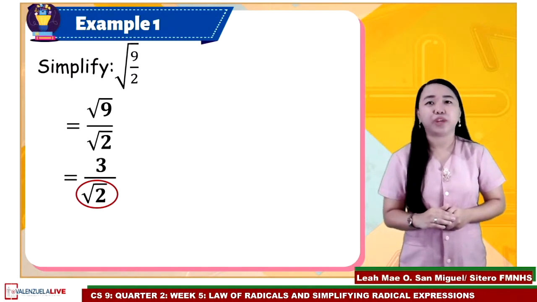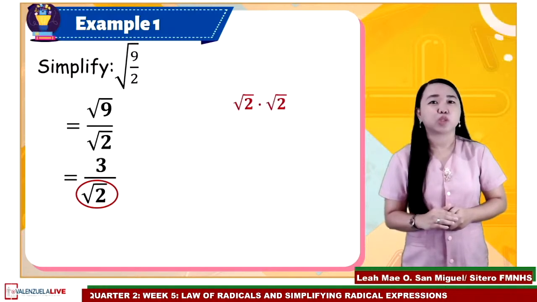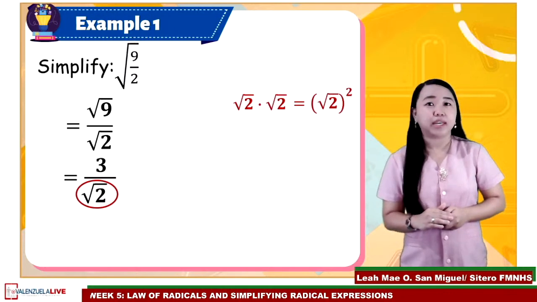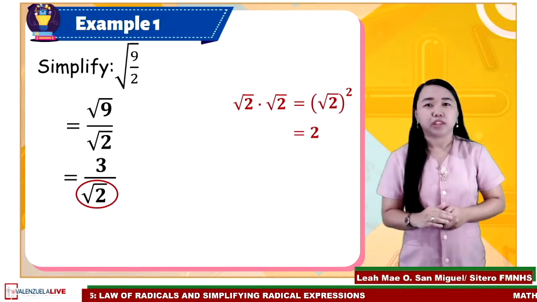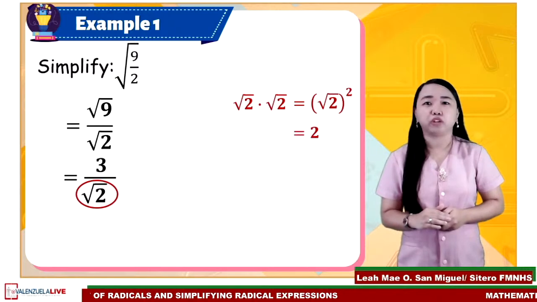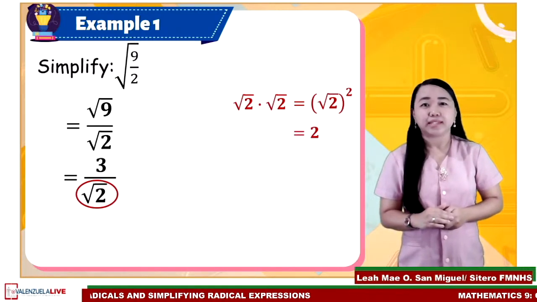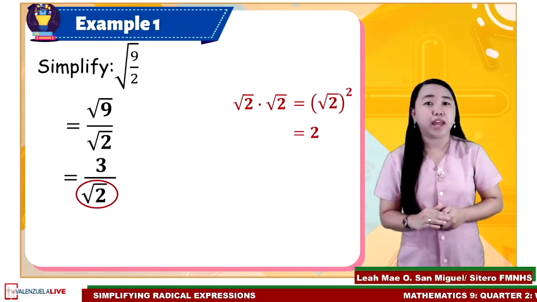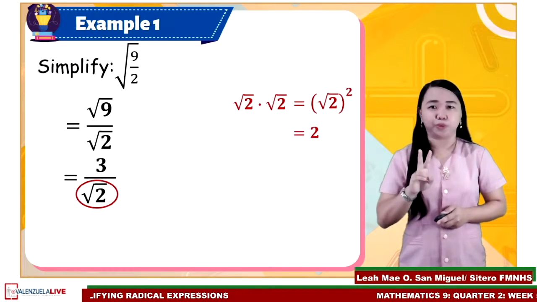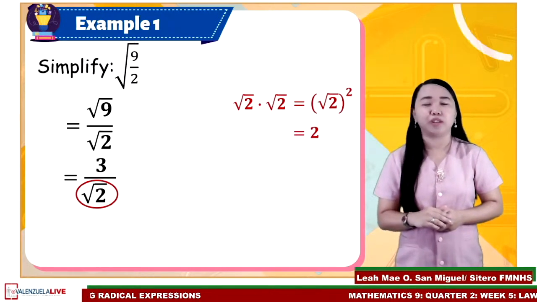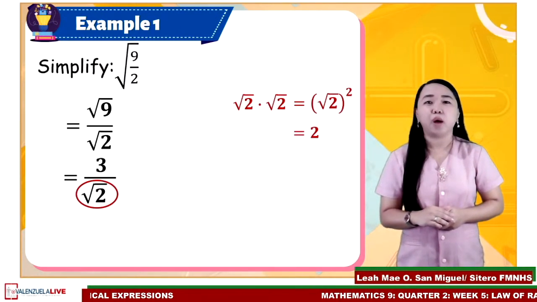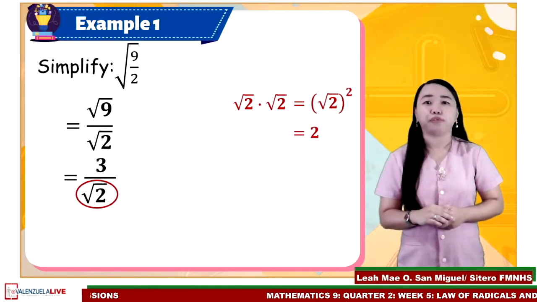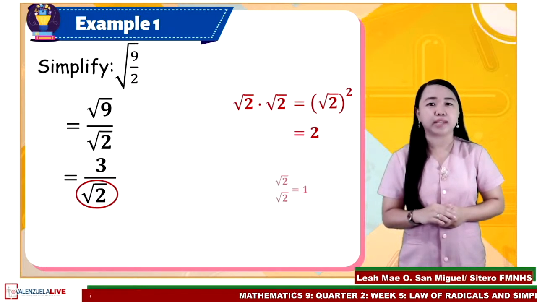With this, we can say that if square root of 2 is multiplied by square root of 2, it can be written as the quantity square root of 2, squared. Since the square and square root are inverses of each other, it will leave us with just 2. 2 is a rational number. Therefore, the number to be multiplied to the numerator and denominator of 3 over square root of 2 is square root of 2.